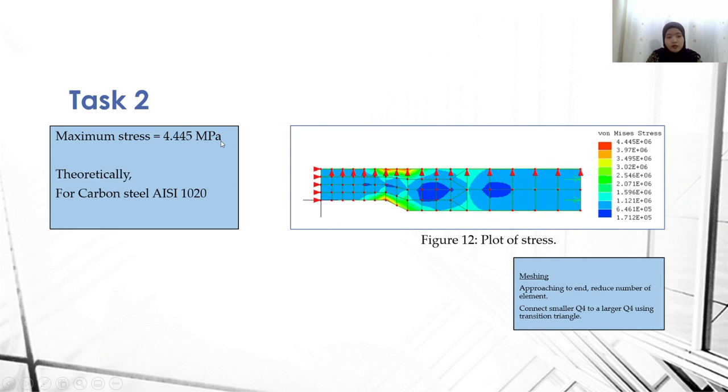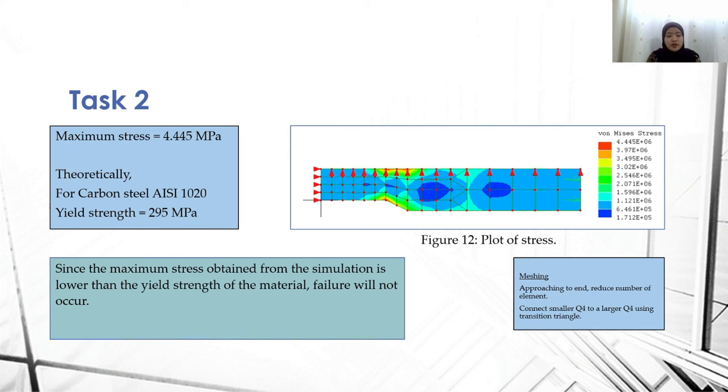Theoretically, for carbon steel 1020, the yield strength is 295 megapascal. Since the maximum stress obtained from simulation, 4.445 megapascal, is lower than the yield strength of the material, 295 megapascal, failure will not occur.